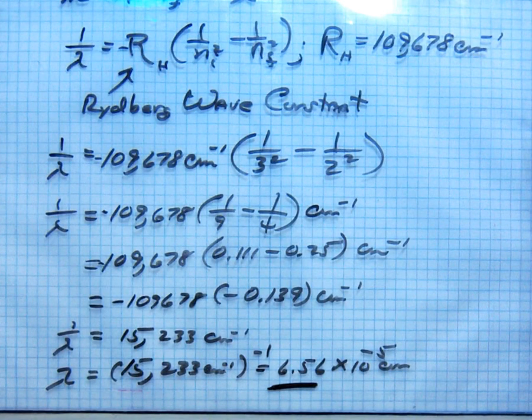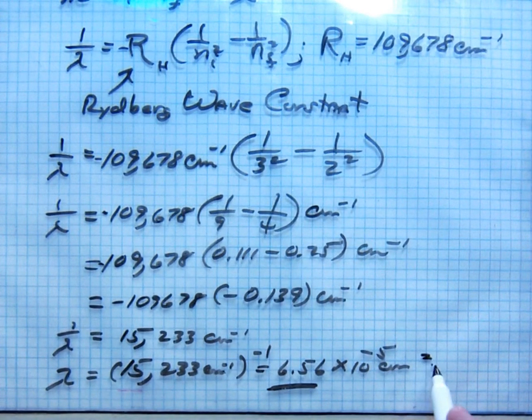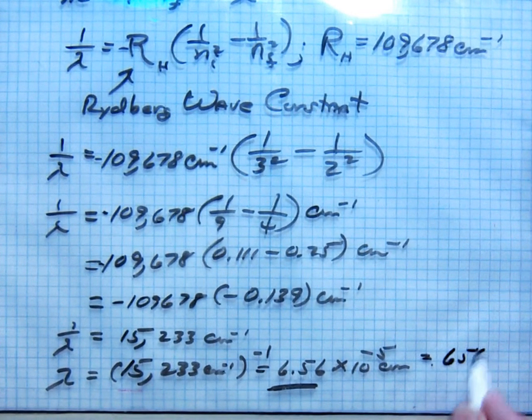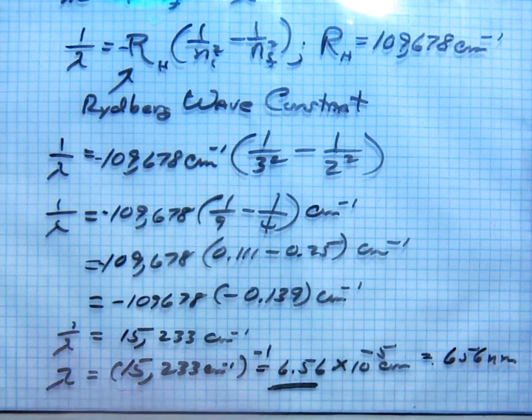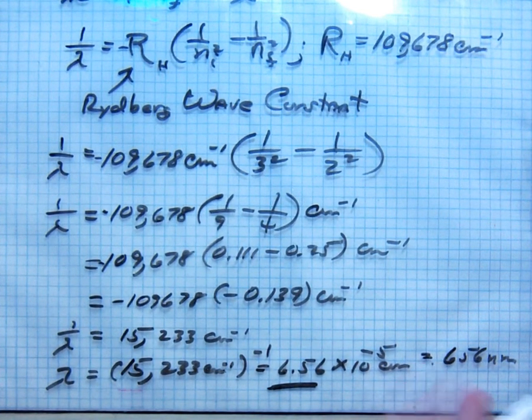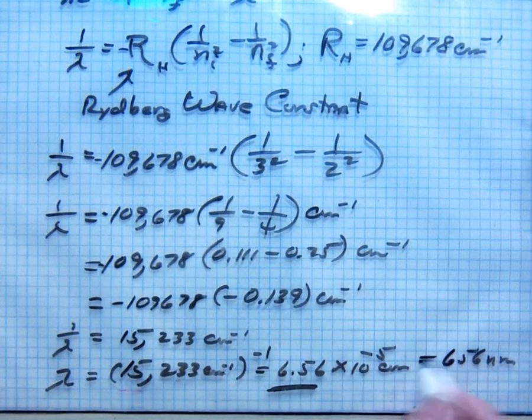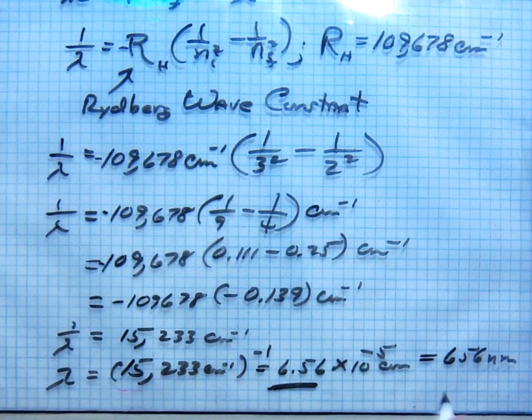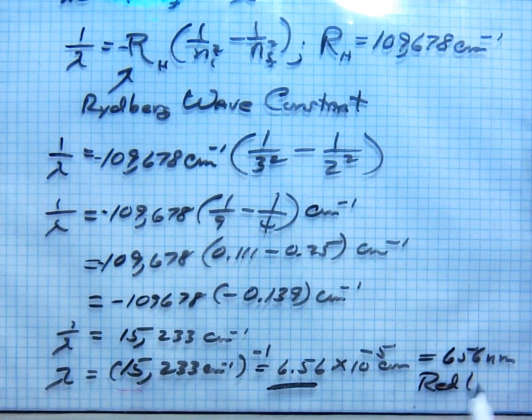That number matches the number for the red line wavelength transition, 656 nanometers. This honestly translates to 656 nanometers. You can go through the conversion. This is the red line.